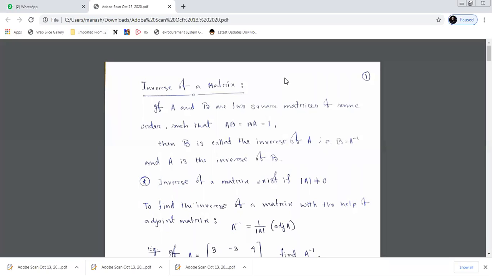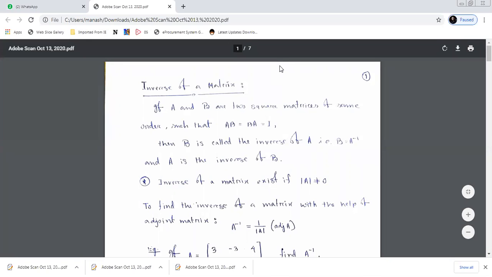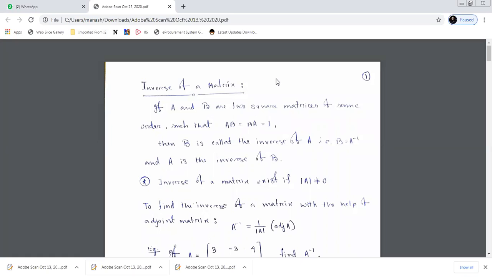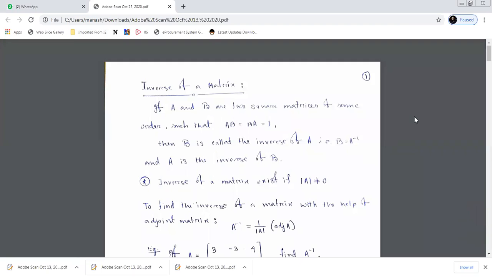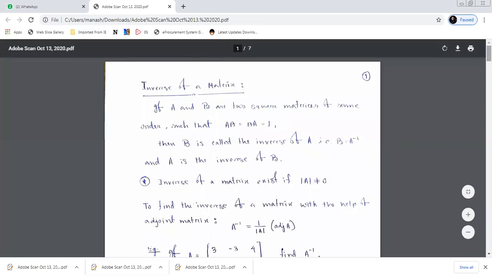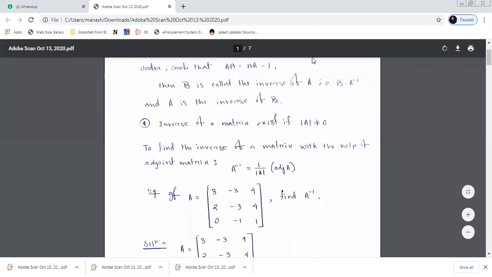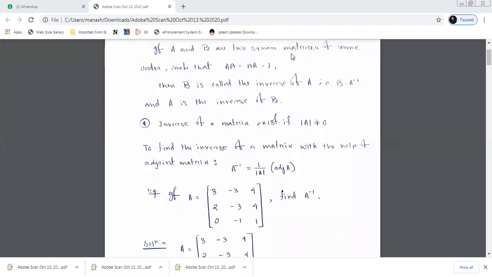Now the next thing is how we can find the inverse of a matrix. There are two ways. In your HS you learned how to find the inverse of a matrix by using the adjoint of a matrix.